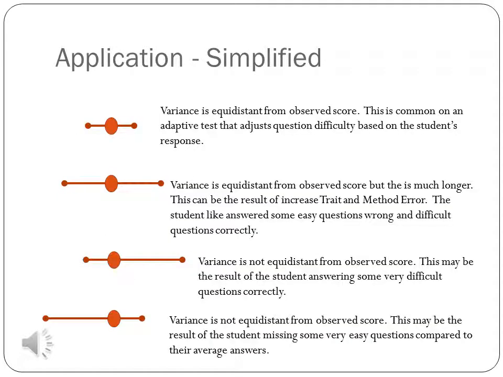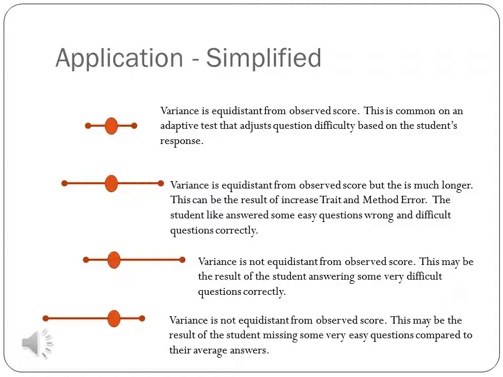In this first example, the variance of the standard error of measure is equidistant from the observed score. This is fairly common in an adaptive test like MAP testing because the test adjusts question difficulty based on the student's response. Therefore, as the student answers and gets items correct or misses items, the test adjusts.